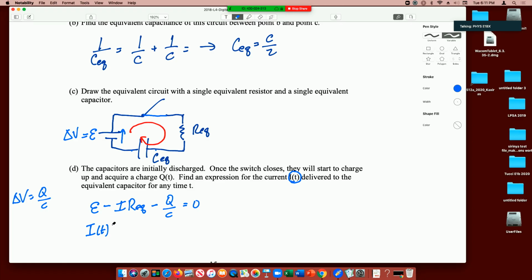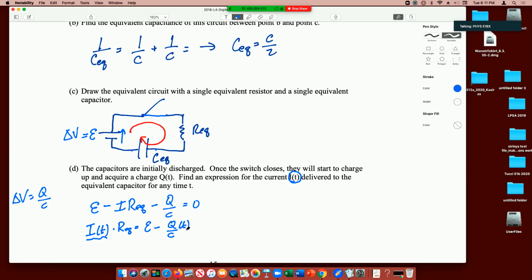I times R equivalent is equal to the EMF minus Q over C. But Q is not a constant Q, because I've written I as a function of t, so I also have to write Q as a function of t. As soon as I flip the switch, the charge on the capacitor is not constant; it's changing as the current flows to it.